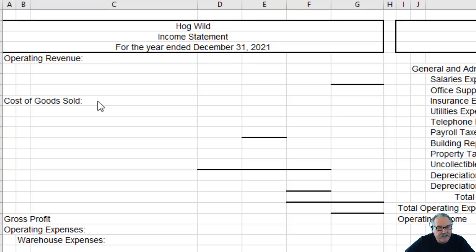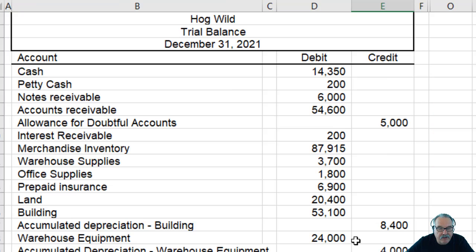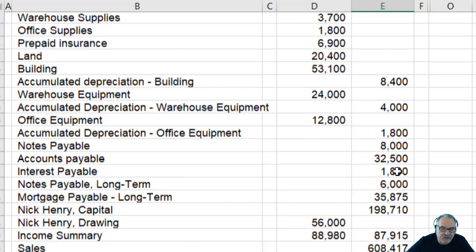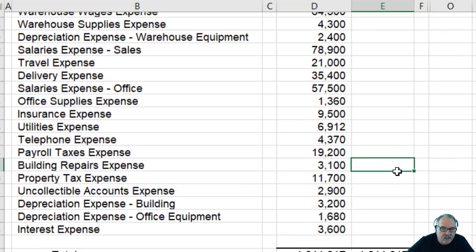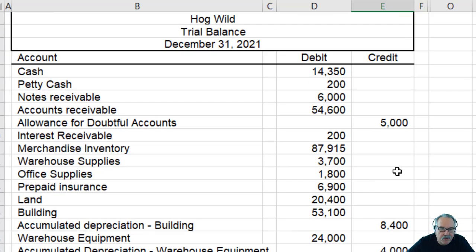So let's get started. The first step, of course, is the trial balance. I have prepared a trial balance from what's in the book, but all of these numbers are in your book. I've just put them in my spreadsheet here. So I've got a trial balance that totals up to $1,011,317. Debits equal credits, that's important.